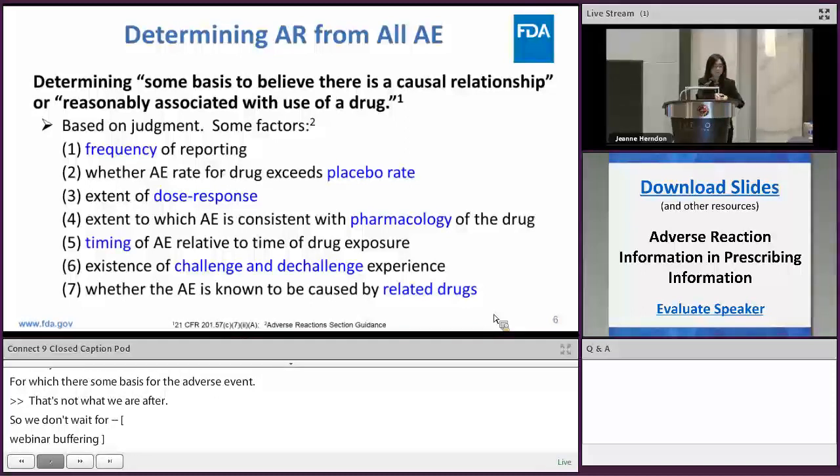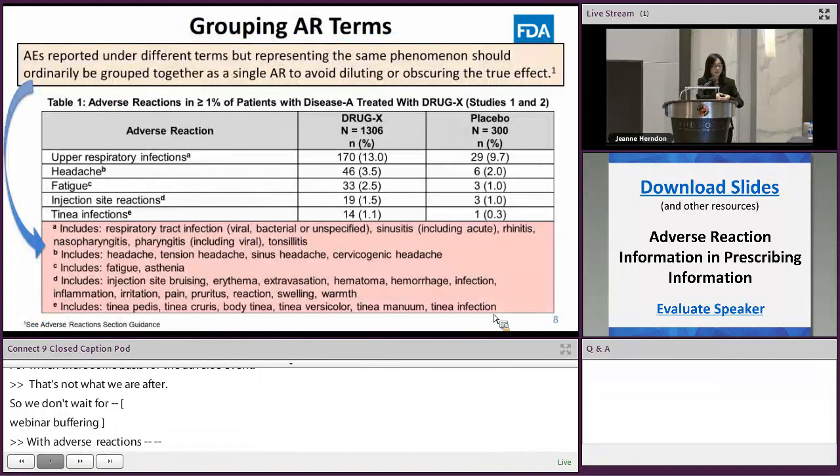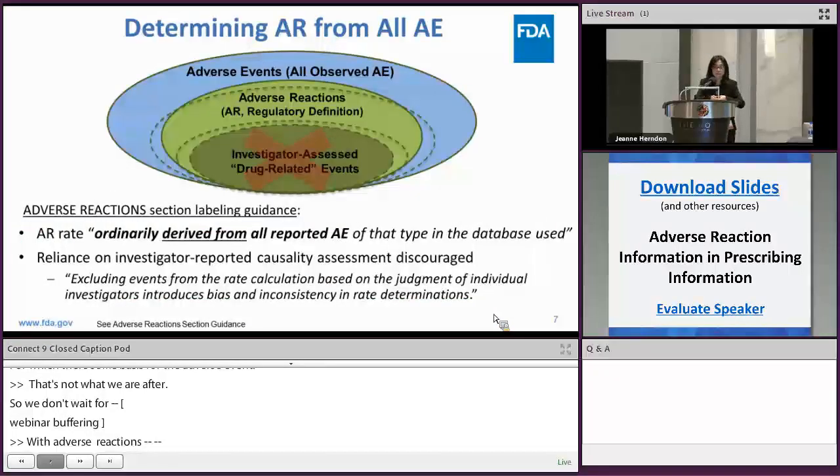But other factors as well. One thing that the adverse reaction guidance discourages is over-reliance on individual investigator judged drug-related adverse events, and that's just to get away from the potential for bias.